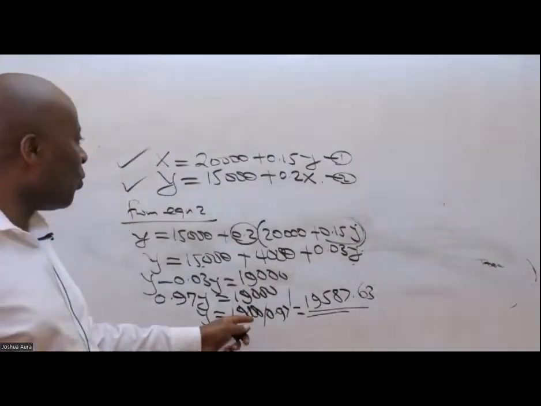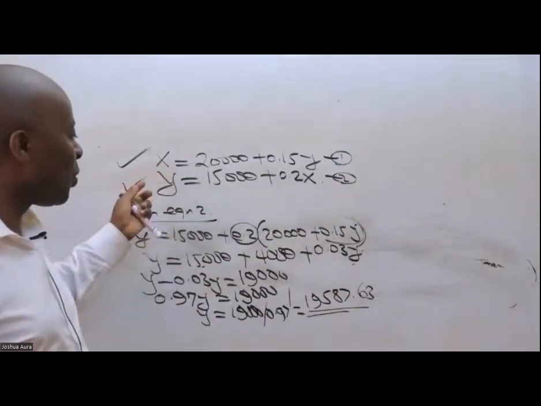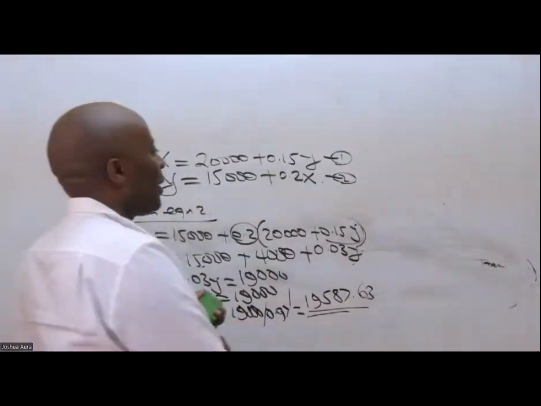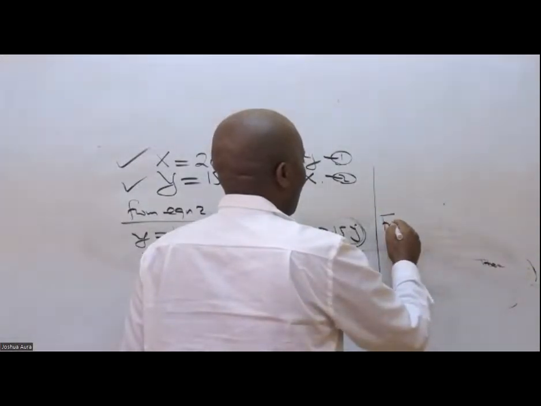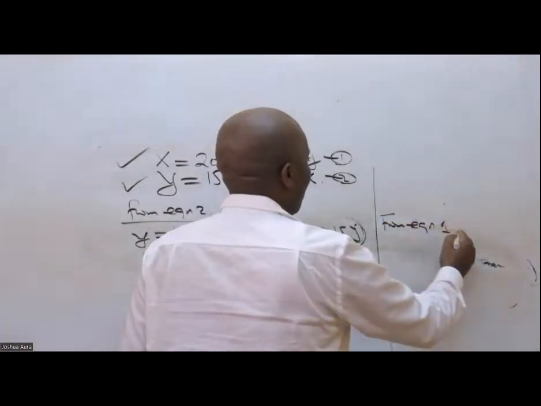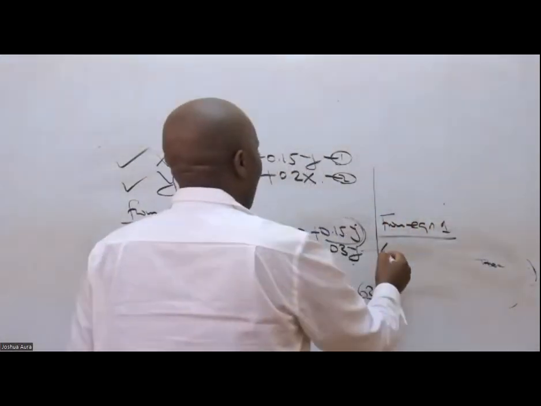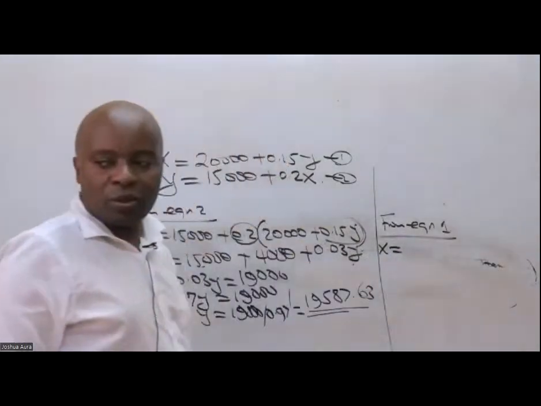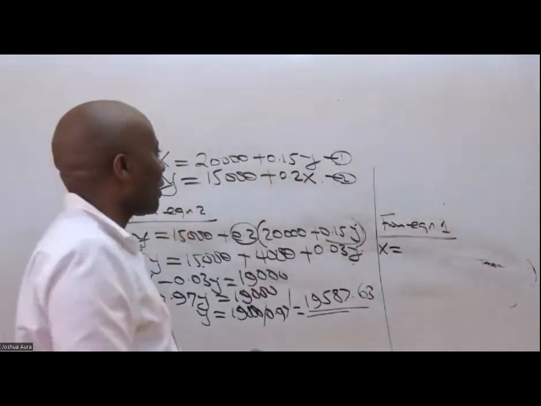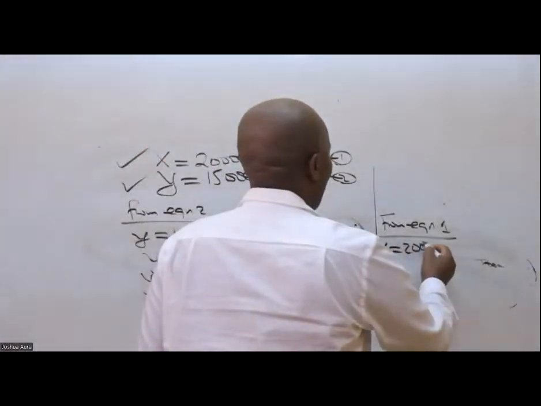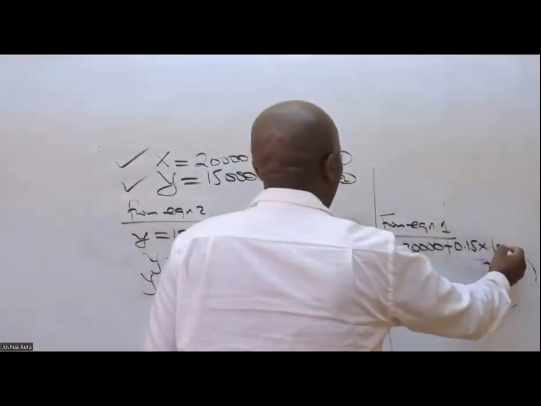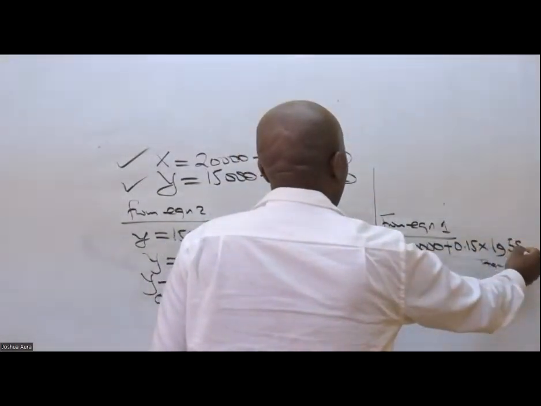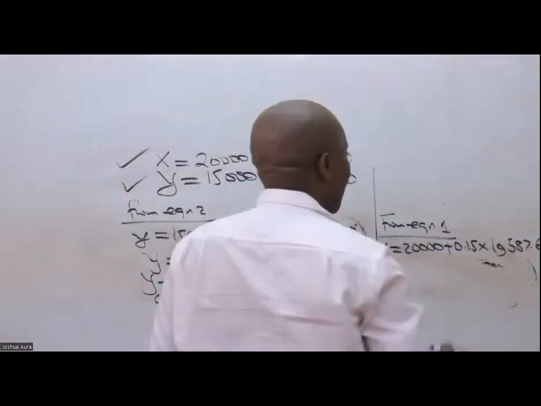Now then, having gotten Y, we can easily get X from equation 1. So from equation 1, X equals 20,000 plus 0.15Y, and Y is 19,587.63.